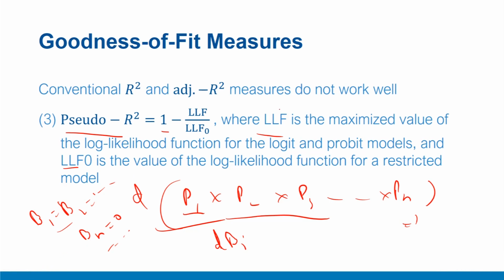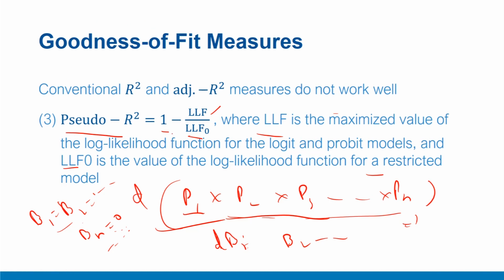And then you compute the maximized value for those parameters, beta 1, beta 2 and so on, where this joint probability function of observing the parameter estimates is maximized. So LLF is the maximized value of the log likelihood function, and LLF naught is the likelihood function for a restricted model where all the parameters are assumed to be 0.